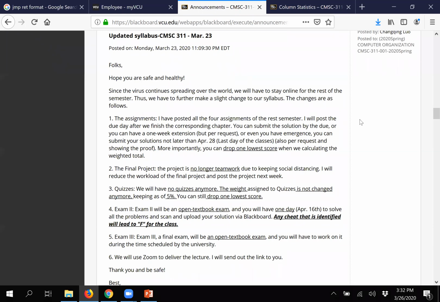Exam three is the final exam, so it's also an open textbook exam. I think we did not receive any email from the university side, but I guess it will be scheduled as at the beginning of this semester, May 15th.